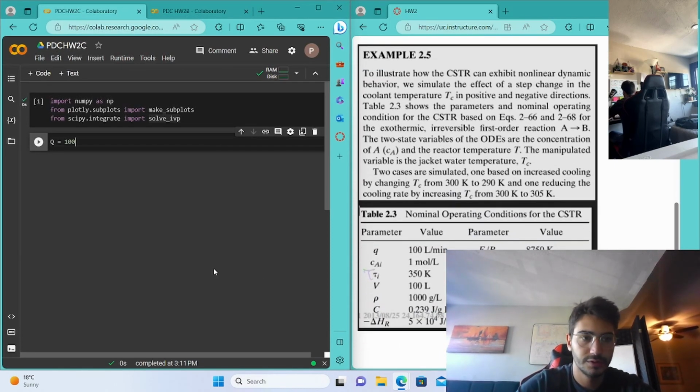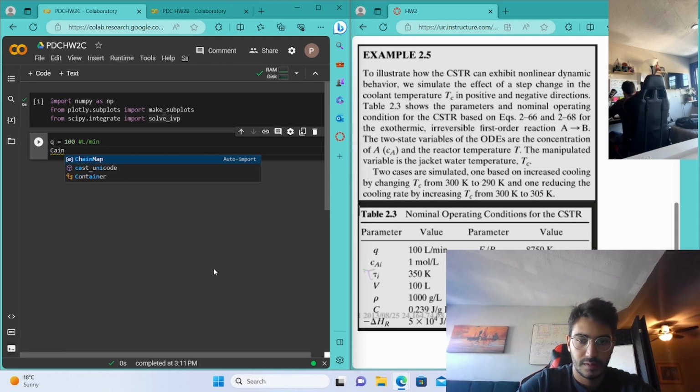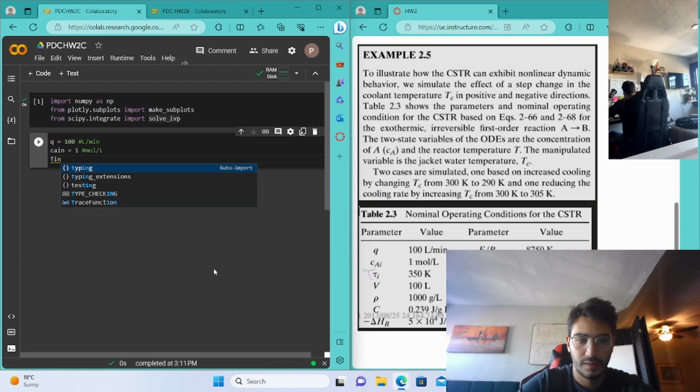So Q is equal to 100 liters per minute. Initial concentration equal to 1 mole per liter. Initial temperature is equal to 350 degrees Kelvin.